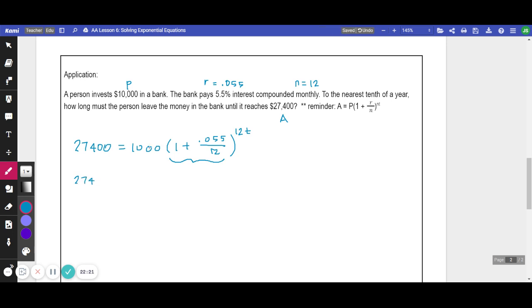Did I do enough zeros? I missed a zero here, didn't I? 27,400. Nope. Then I'm going to divide both sides by 10,000.